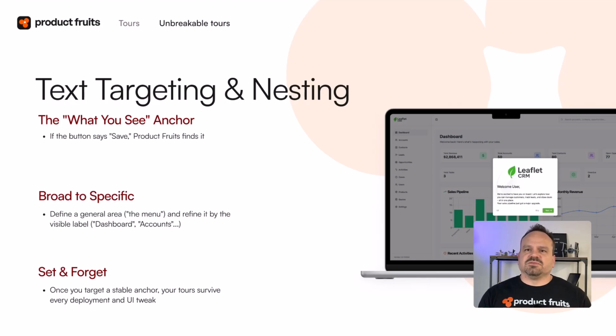So your team should be focused on building new features and a better customer experience, not fixing broken selectors. You can just target the save button, and through nesting you can highlight the main menu and just focus on the dashboard button there. You can ship UI updates or your platform updates without the fear of breaking the entire onboarding experience.